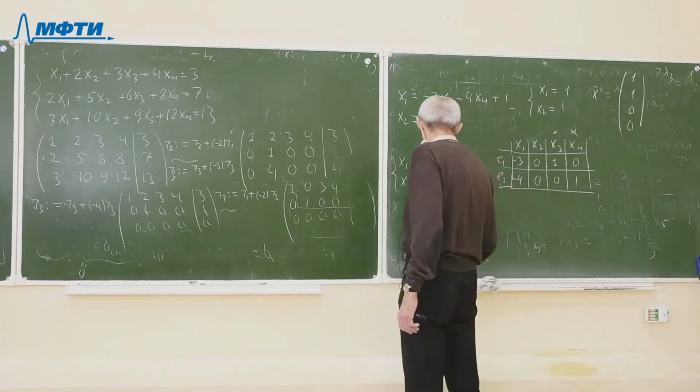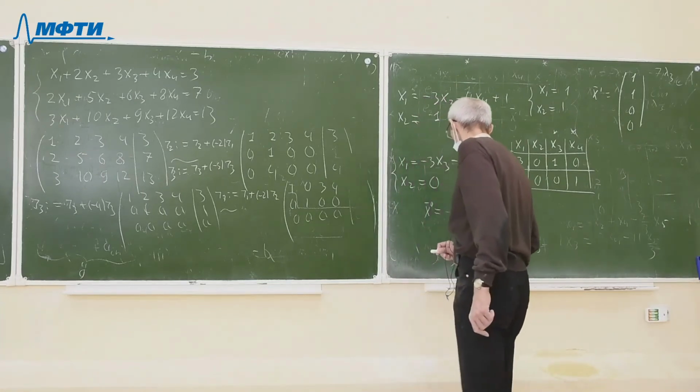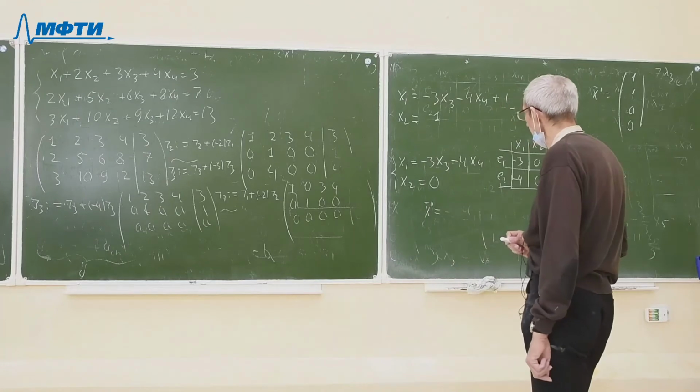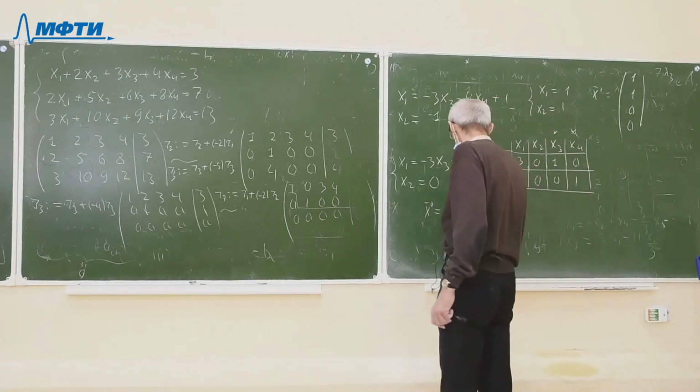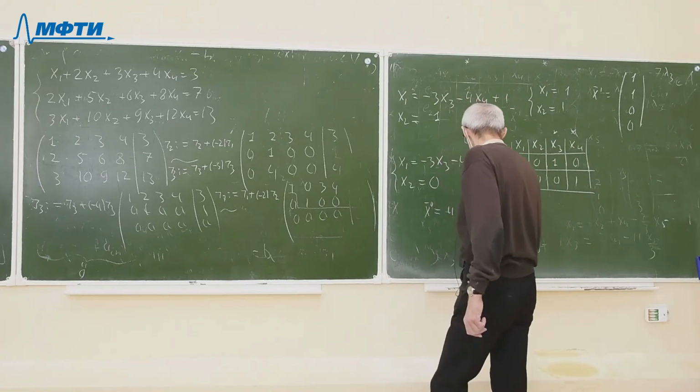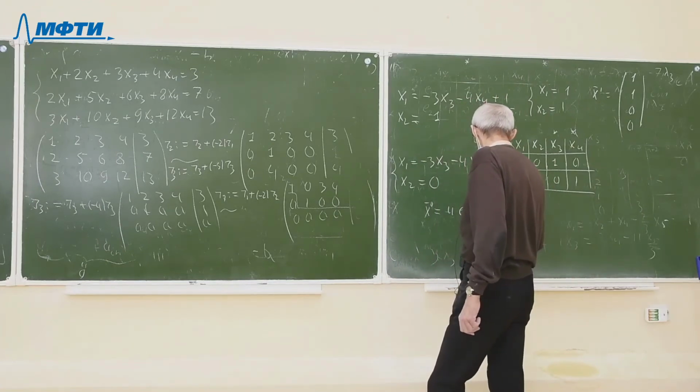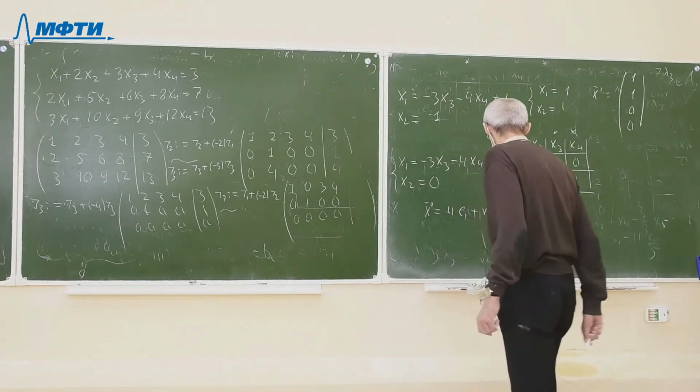And we can write the general solution of the corresponding homogeneous linear system as a linear combination of the basic solutions u E1 plus v E2.